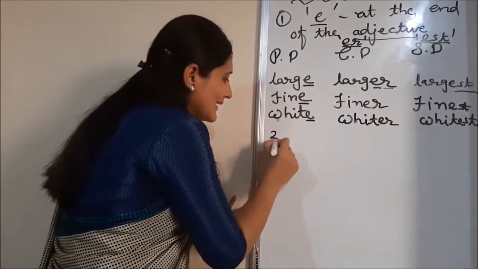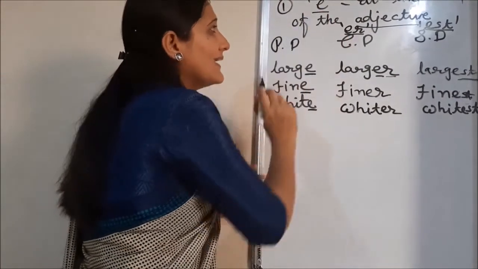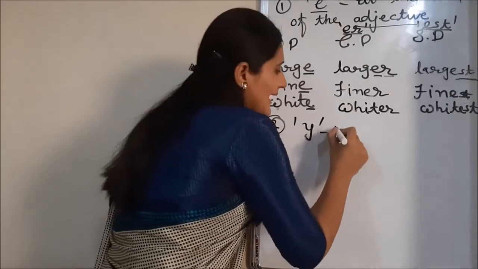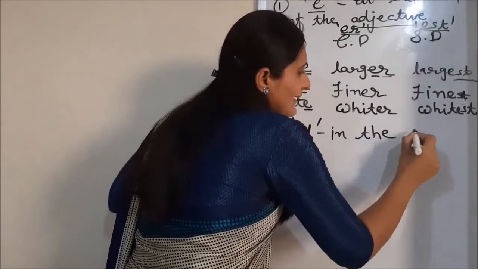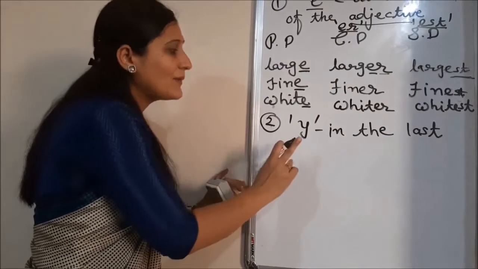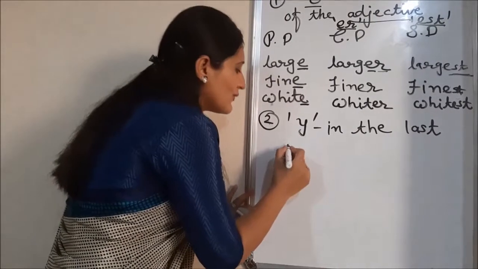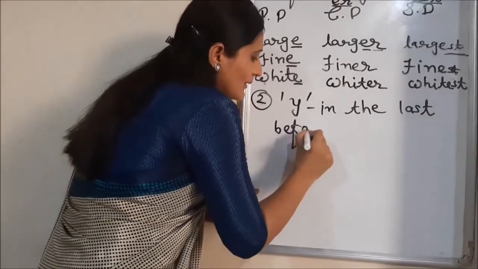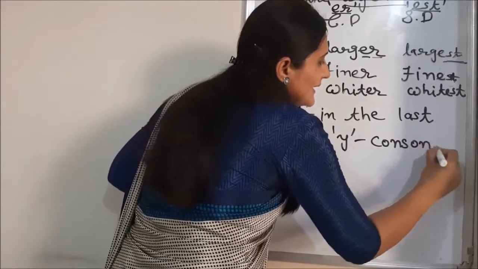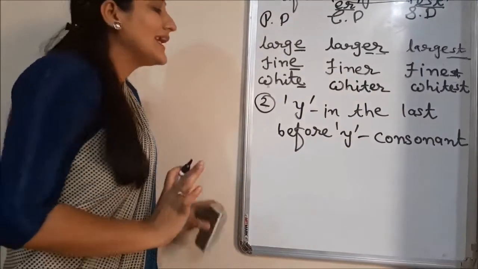Now, the second rule. We will see the second rule now. If Y is given as the last letter of the adjective, but only that we will not see. Y is given in the last, and before Y, if there is a consonant.